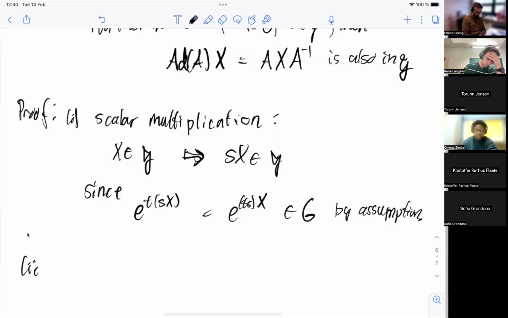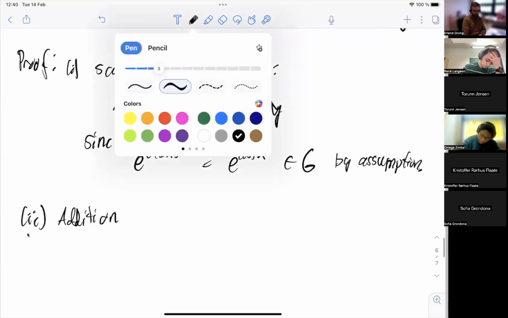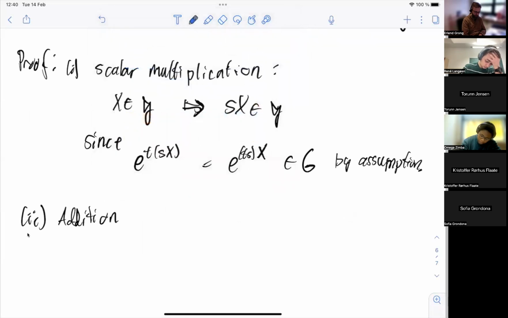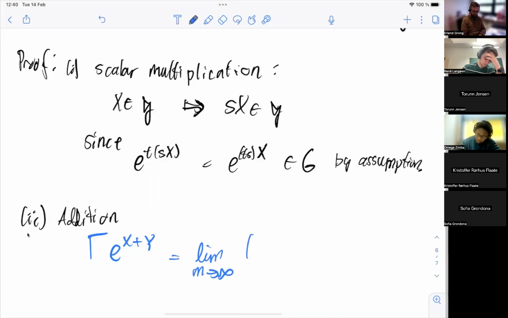For the second property, we have addition. And then we need to use this identity that we've used several times relating plus and the exponential map, which is that e of x plus y is equal to the limit as m goes to infinity of e of x divided by m times e of y divided by m, and then you take that to the mth power.